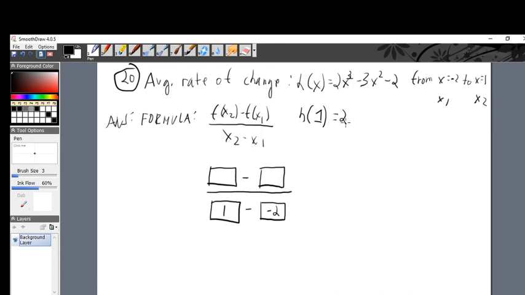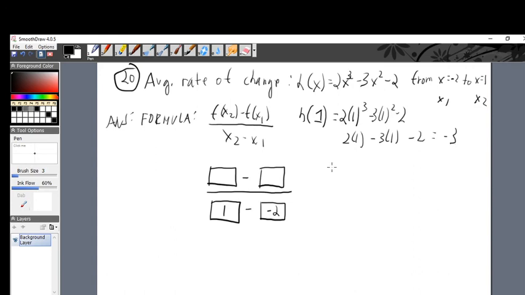And now every time you see x, put a 1. 1 to the third, minus 3, 1 to the squared, minus 2. We work out the numbers, and we get 2 times 1, minus 3 times 1, minus 2, which is 2, minus 3 and minus 2 is minus 5, so it's a total of -3. Okay, we get -3 there.